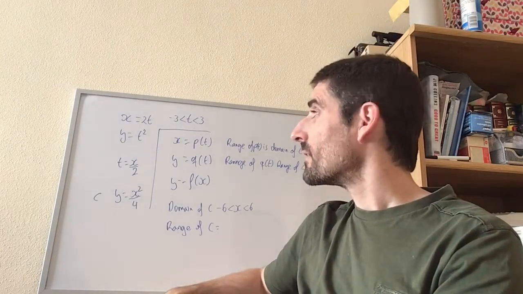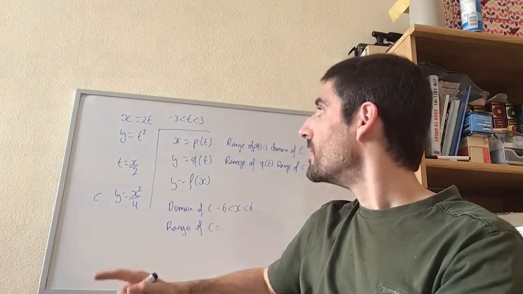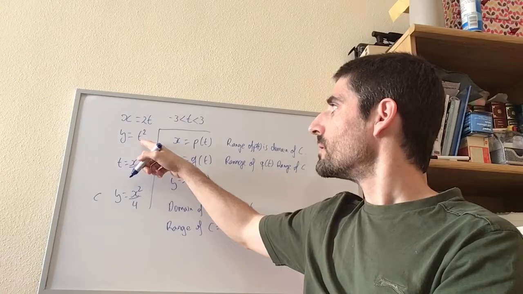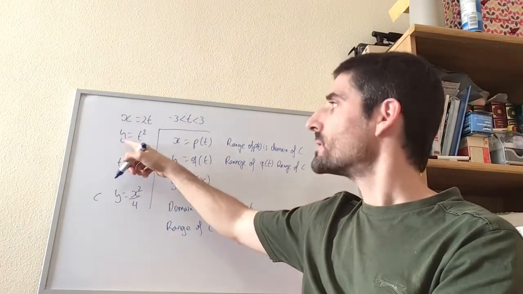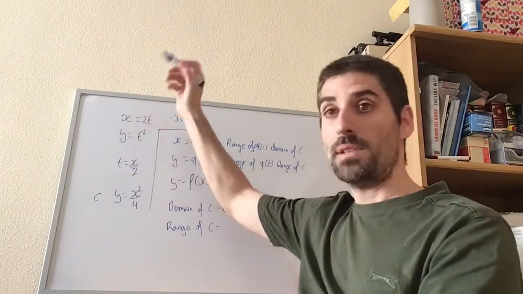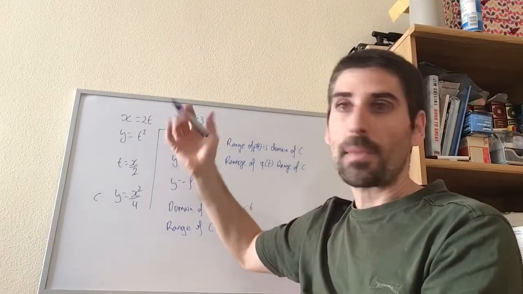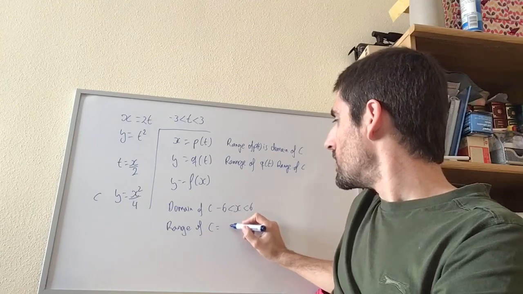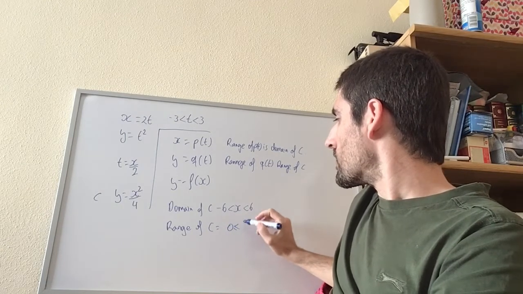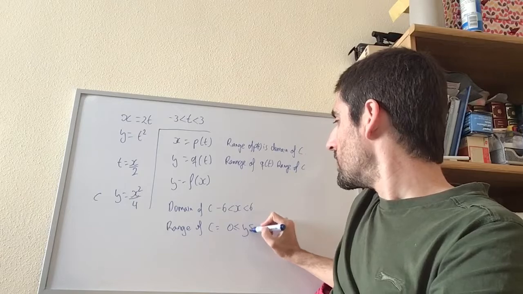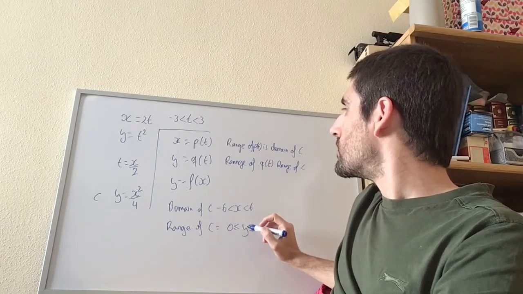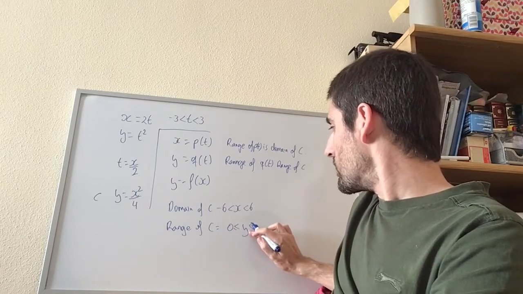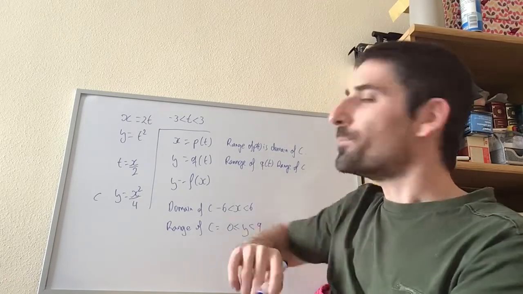But what's happening there? I need to think a little bit about it. Actually, the lowest value is going to be when t is 0. So when t is 0, y is 0. This y is always going to be positive because it's just a parabola. So the range of the Cartesian is going to be 0 less than or equal to y less than, actually no, it can be 0, but it is not going to be 9.